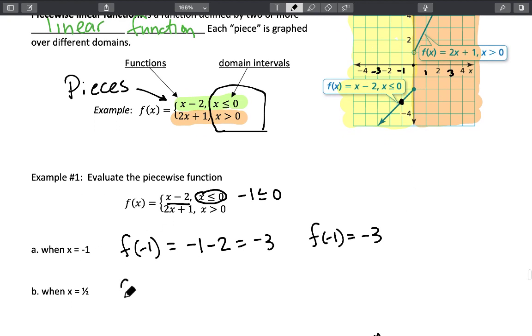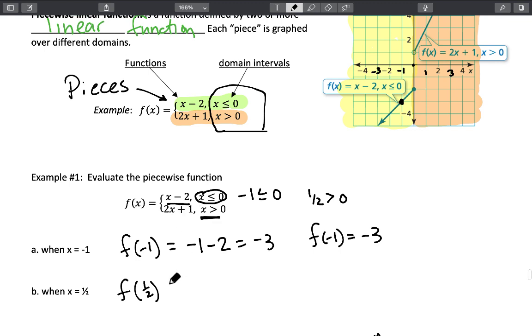Likewise, let's evaluate f of 1/2. Again, you want to ask yourself, which one of these two equations, or the two pieces, am I going to use to evaluate f of 1/2? Now, because 1/2 is greater than 0, that's the domain that's in the orange.